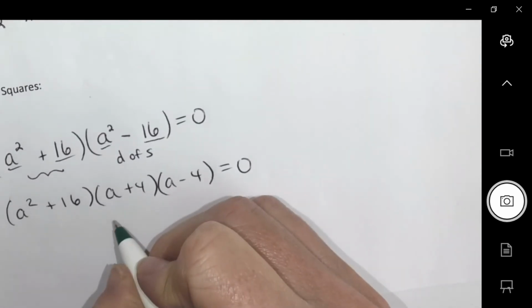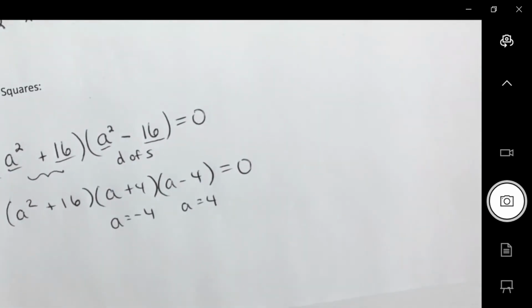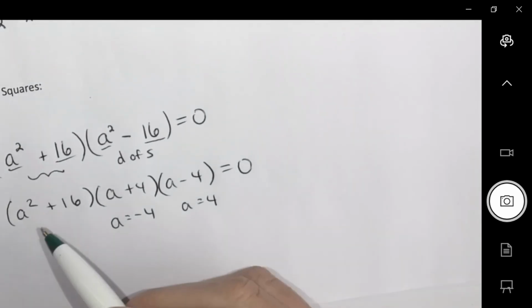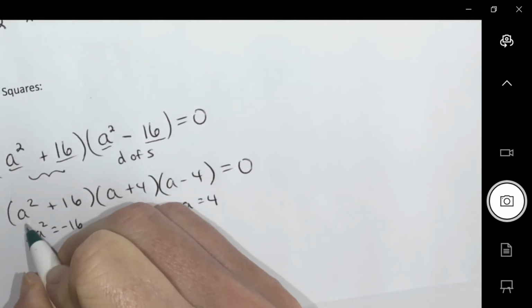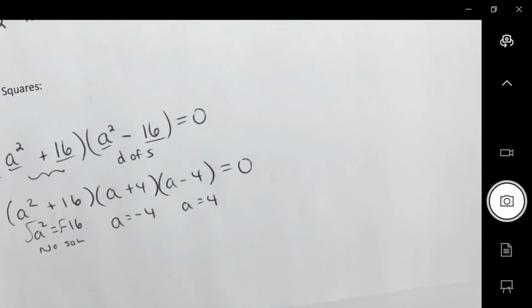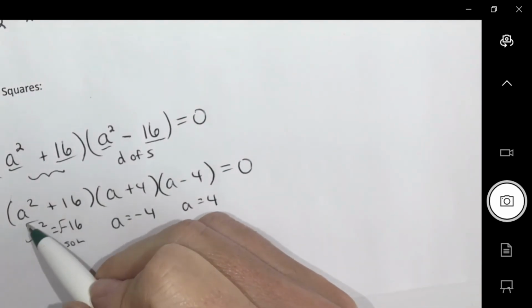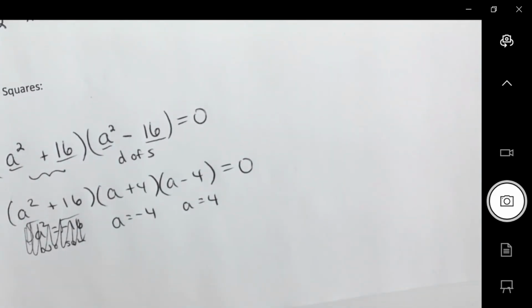A would equal just negative 4 and positive 4, so the 16 means nothing. If I worked through it, a squared equals negative 16, and if I tried to square root that, it would be an error. It'd be no solution. So just that part of it has no solution, but then the final solution is those ones.